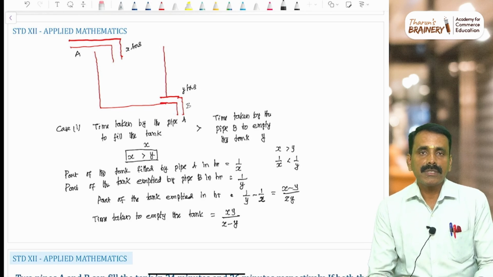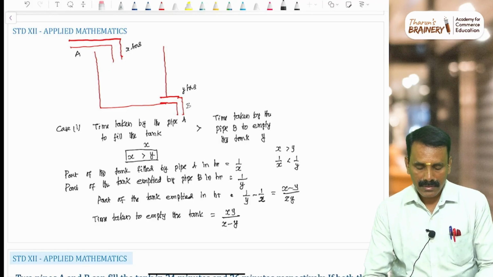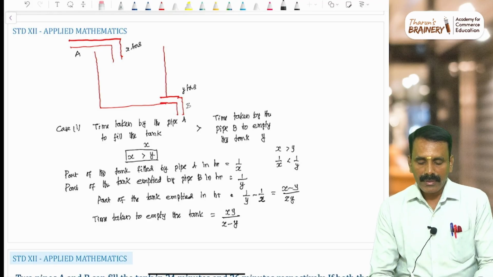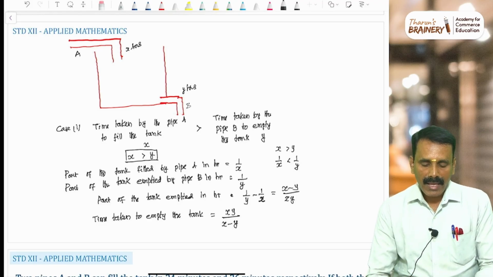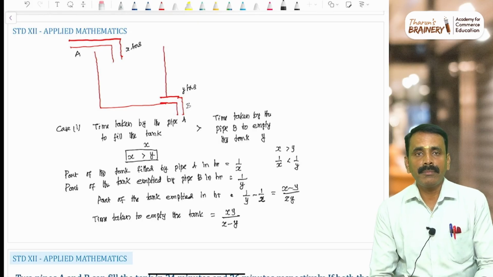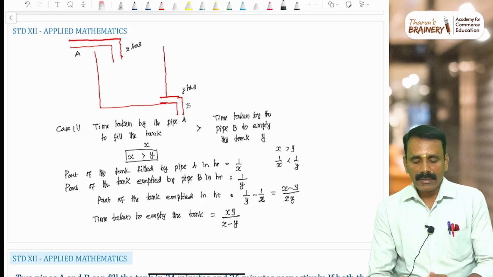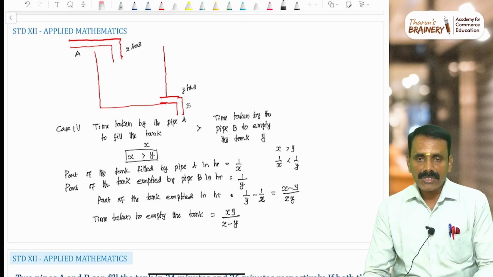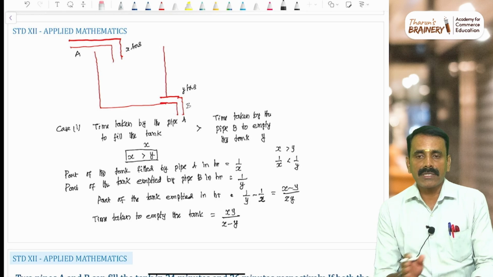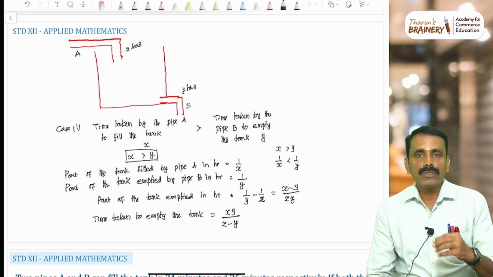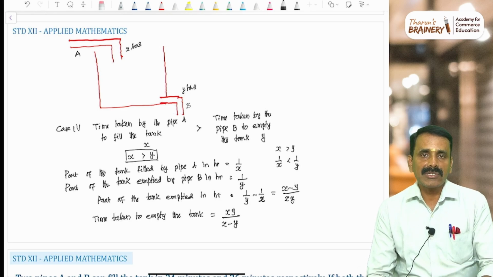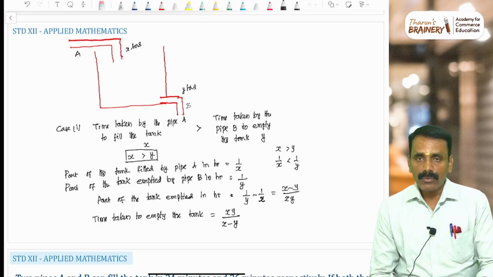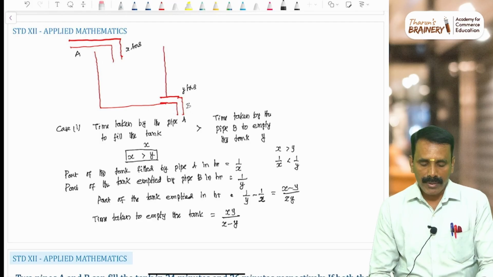Pipe B eliminates the liquid faster, whereas tap A takes more time to fill it up. In such a case, the outflow is faster, inflow is slower, so the tank will be emptied naturally. So, the time taken to empty the tank will be equal to XY divided by X minus Y.